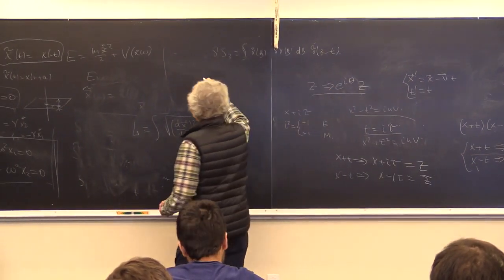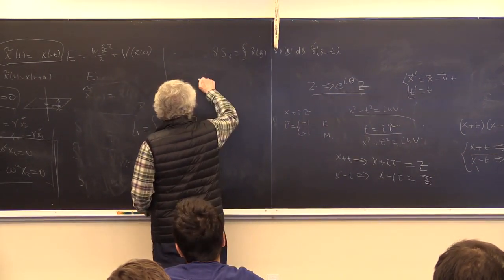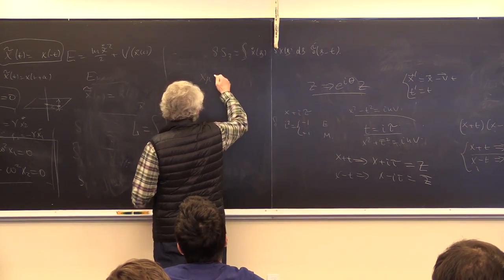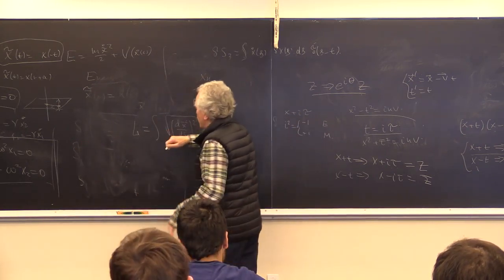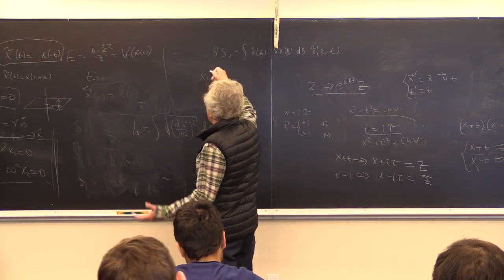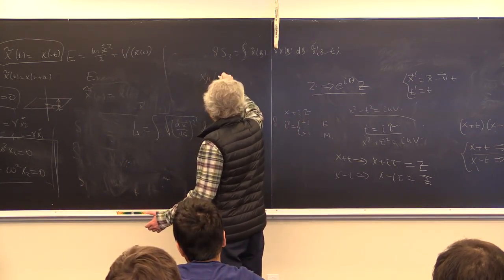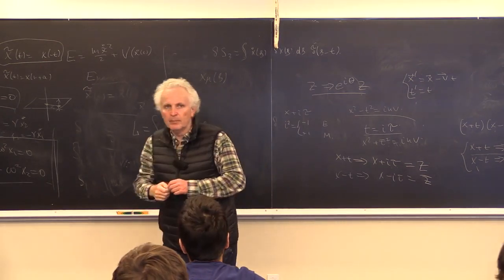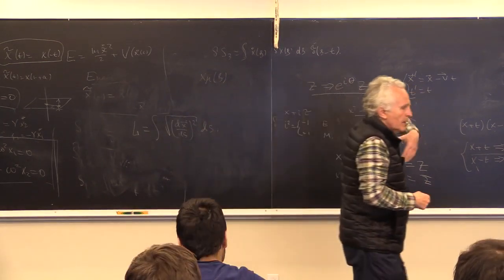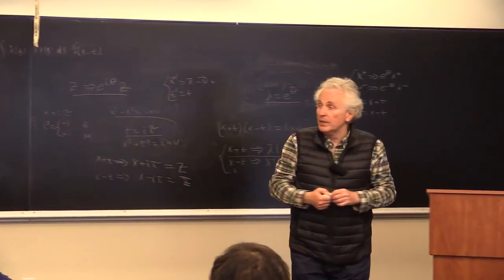I now have a space-time. In this case, we have x. It's two-dimensional space-time, but that doesn't matter. In general, you can have four-dimensional space-time, and you have a trajectory in four-dimensional space-time. So when a particle moves, it sweeps a one-dimensional trajectory.